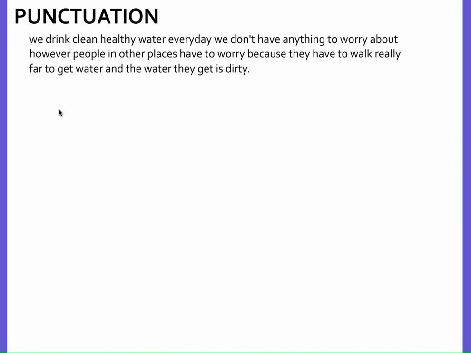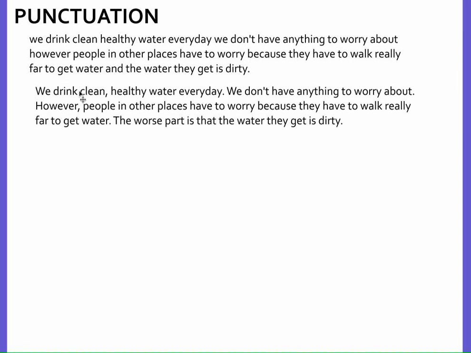So, first of all, capital letters. The beginning of sentences have to be a capital letter. So, we drink clean, healthy water every day. After that clean, I also need a comma right there because it's talking about the healthy water. So I need a comma right there. I need a period at the end of that sentence. The two W's at the beginning should be capital letters.